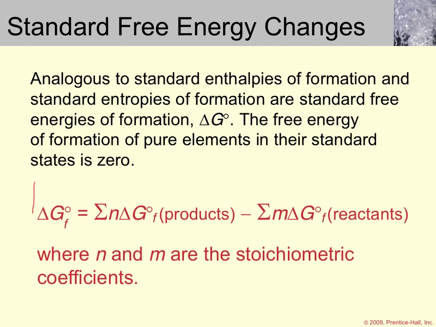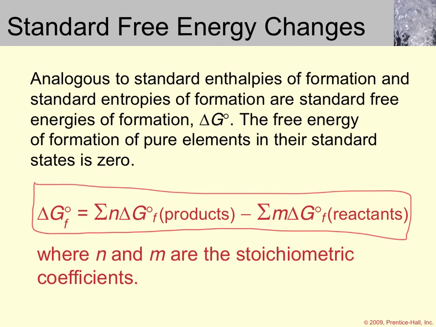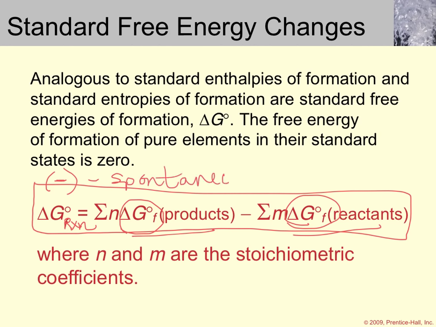And here's our now familiar equation. If you are given a table with standard free energy of formations, you can use that information to calculate the standard free energy of a reaction, just like we did with delta H and delta S. Again, any free energy change that is negative means not only that it's energetically favorable, but that it's spontaneous.